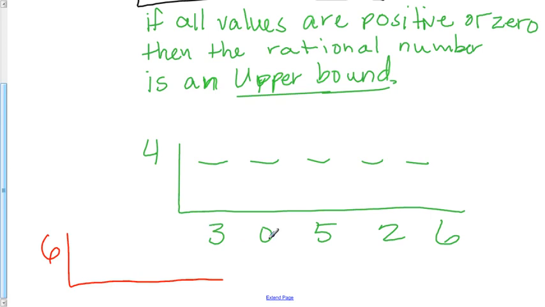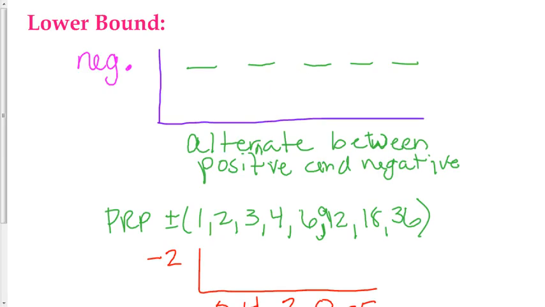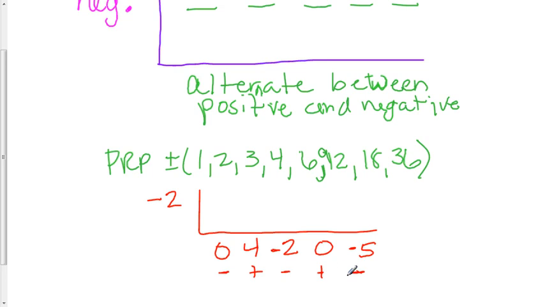This is a 4 and these are all positive, then you don't have to try anything above 4. With a negative value, it has to be a negative on the outside, and then these all have to alternate. Whether it starts negative or positive does not matter, they just have to alternate. And that is everything from the third section of Chapter 2.